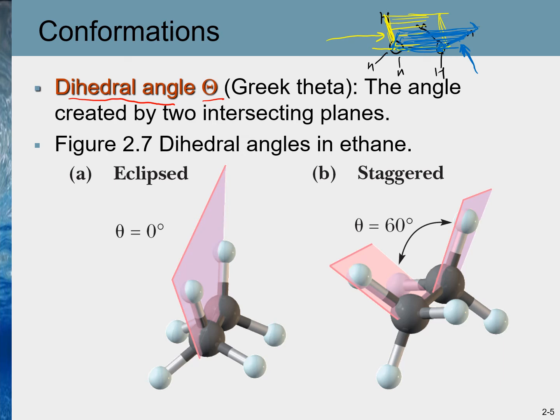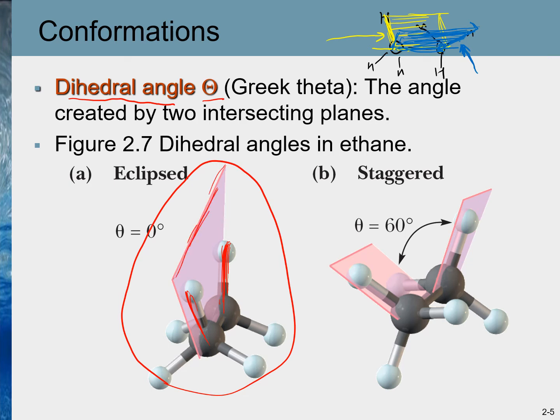Examples of dihedral planes in ethane, in eclipsed conformation as well as staggered conformation, are shown here. And we can see that in the eclipsed conformation, the dihedral plane from the back CH and the front CH are aligned on the same axis.